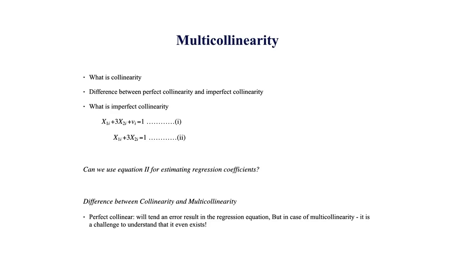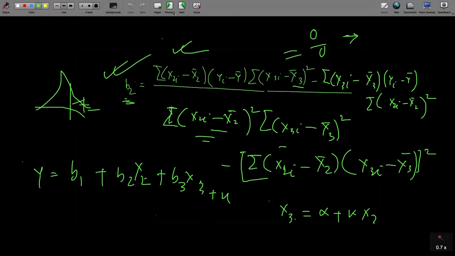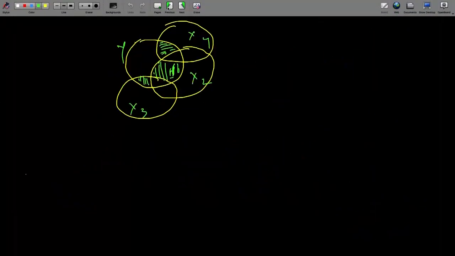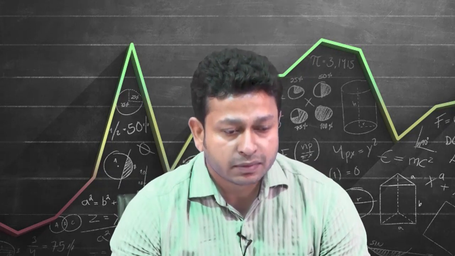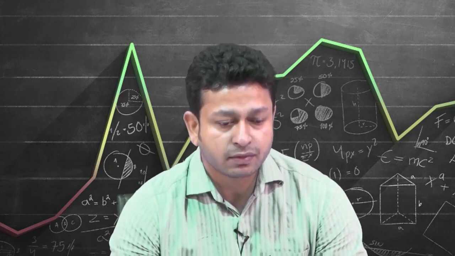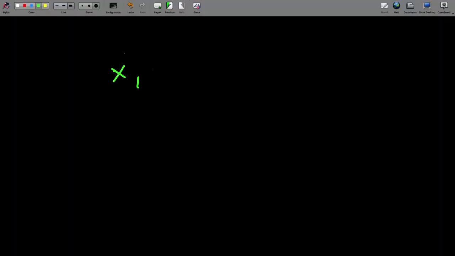Let me first explain what I mean by perfect and imperfect collinearity. Perfect collinearity will normally come from an equation like x1 plus 3x2 is equal to 5. It is a deterministic relationship.